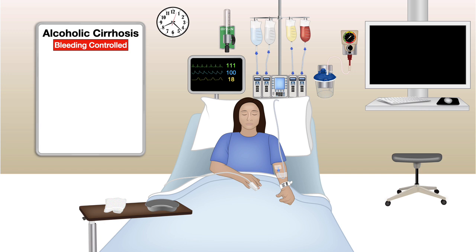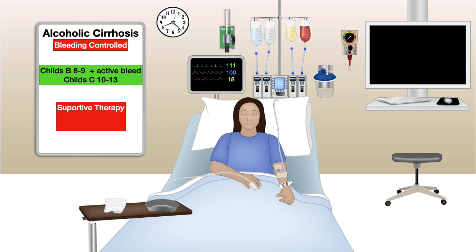How about if a patient has a little more advanced disease, that is Child's B 8 to 9 or Child's C 10 to 13? Child's B 8 to 9 and you noticed active bleeding during the endoscopy, that patient, as well as advanced Child's C 10 to 13 score, you continue the supportive therapy, octreotide, antibiotics, restrictive transfusion strategy.